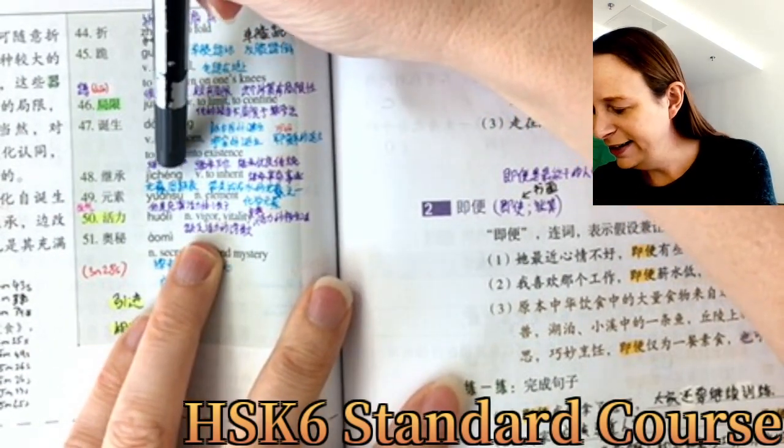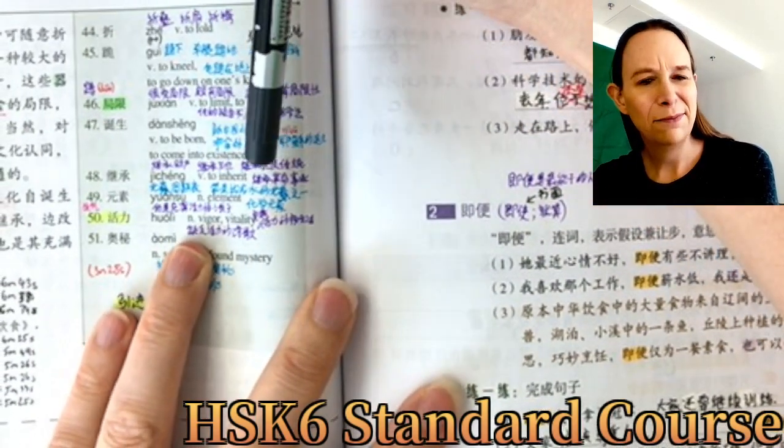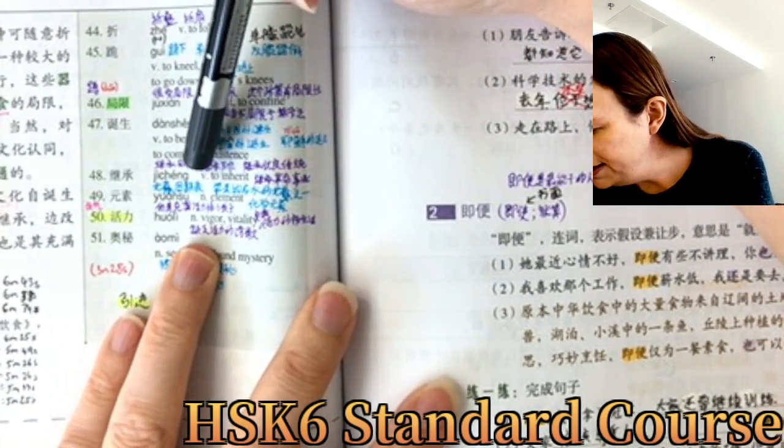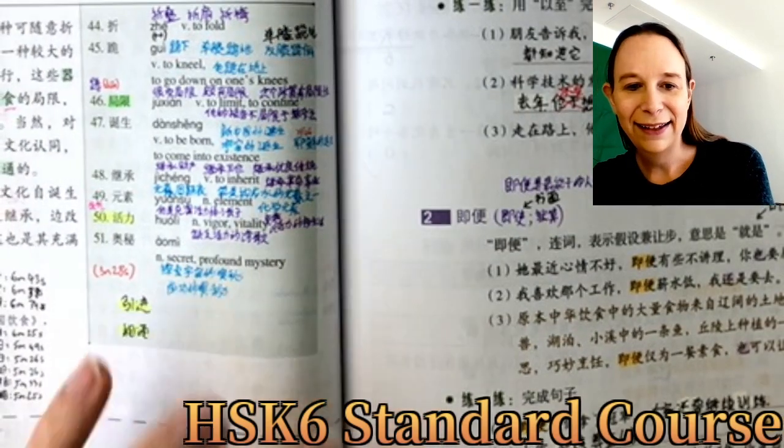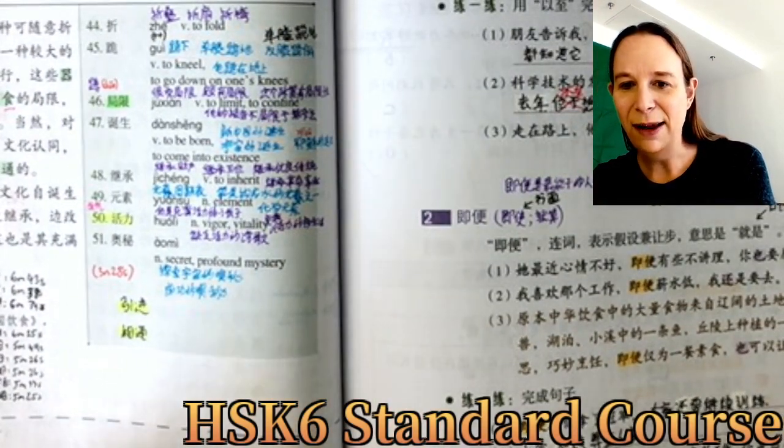继承财产, inherit wealth or fortune or property. 继承王位. Oh, 王位, this is not someone with a surname Wang.